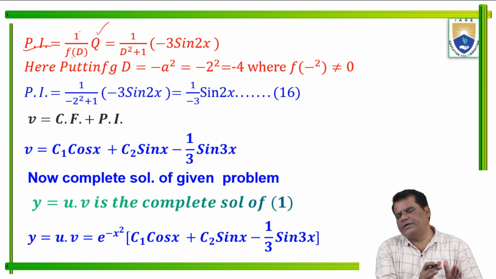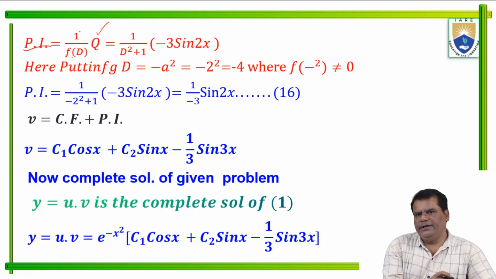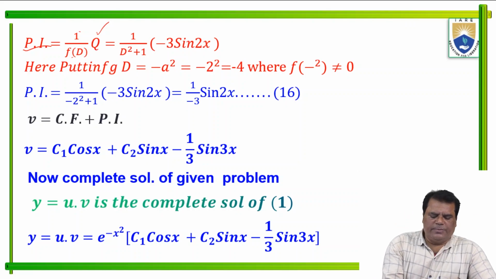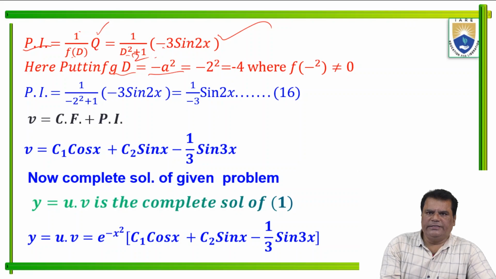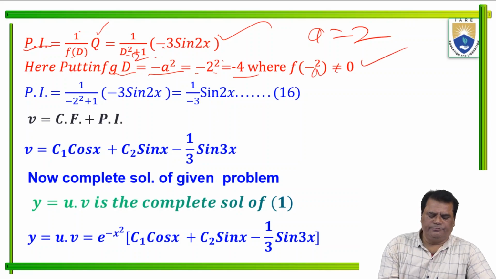We have discussed this particular integral in the last chapter in detail. So 1 upon D squared plus 1 of minus 3 sin 2x. Putting D squared equal to minus a squared, where a is 2, so minus 2 squared means minus 4. So f(minus a squared) is not equal to 0.